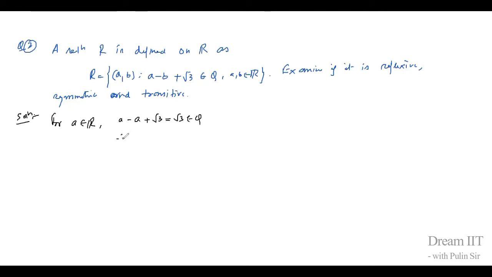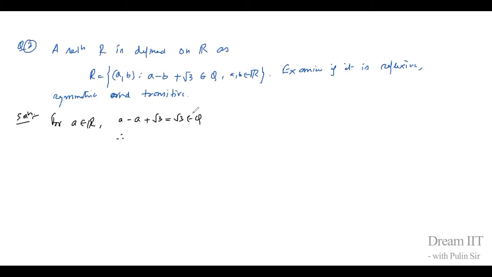That means, sorry, what I did, just a minute, just a minute. This Q, it is Q. No, it will not belong to Q. Because if I write A and A here, whatever may be the value of A, I pick from real numbers, always root 3 will be left out.